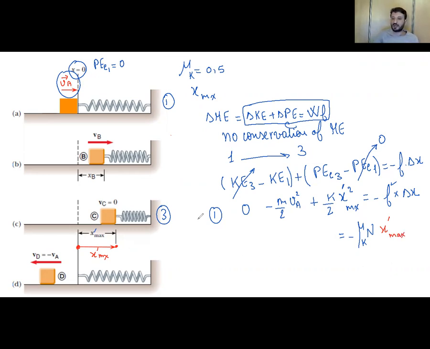And you know N in this case equals mg. Why? Here we have the weight, N is up, mg is down, and the sum equals 0 because there is no motion along y. So N equals mg.